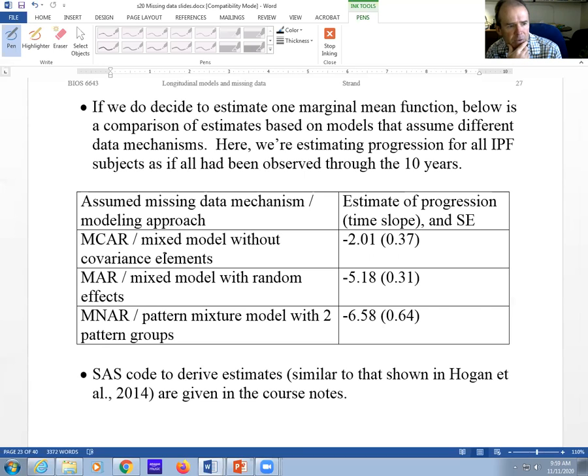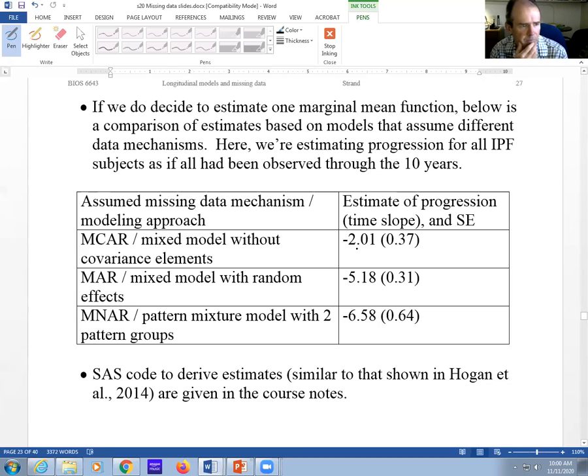But if we assume that the probability of missingness somehow still depends on the missing Y, then we have missing not at random type data. And under those three different assumptions, this is the slope. We know the slope is going down. If we make this really probably unlikely assumption, our estimate is a 2% drop.